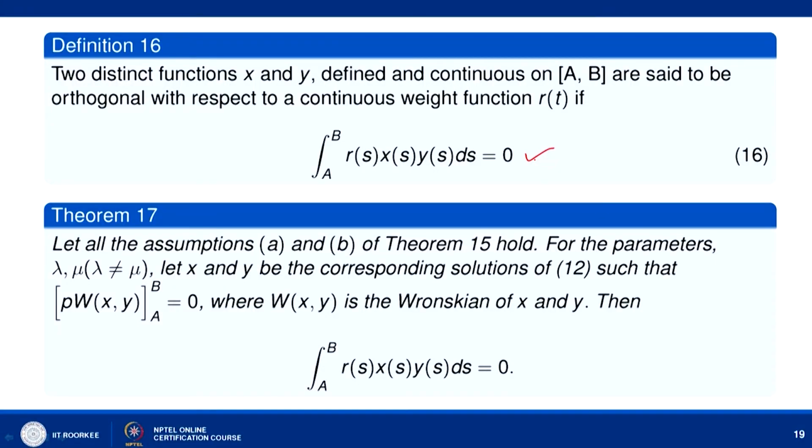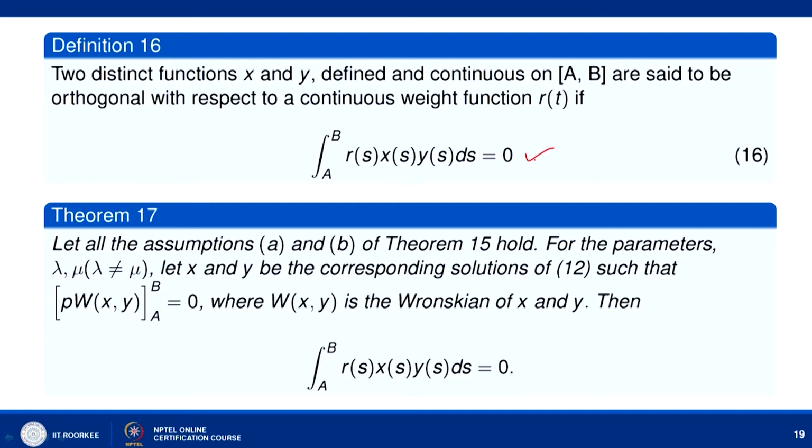Now, let us discuss the next theorem. Let all the assumptions a and b of theorem 15, the existence of eigenfunctions, hold, and for the parameters lambda and mu, where lambda is not equal to mu, let x and y be the corresponding solutions of equation 12 such that p times the Wronskian of x and y, given at b and a, is equal to 0.